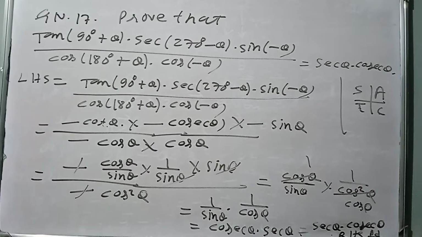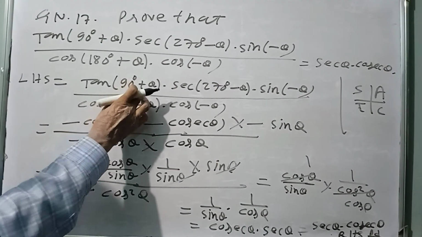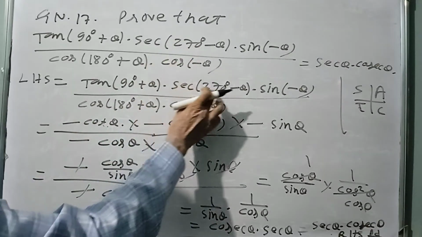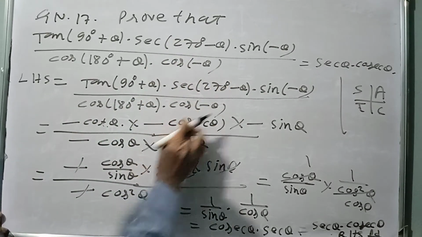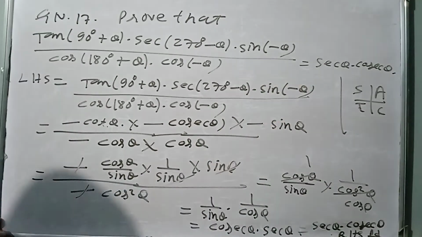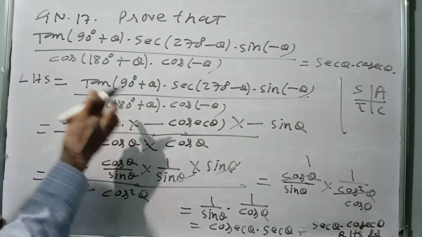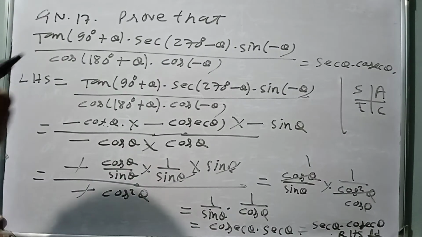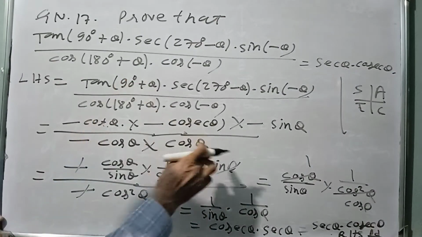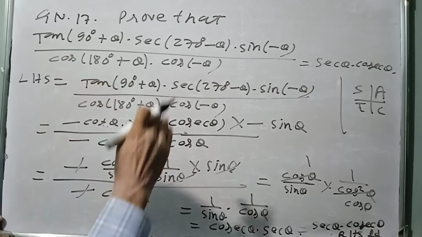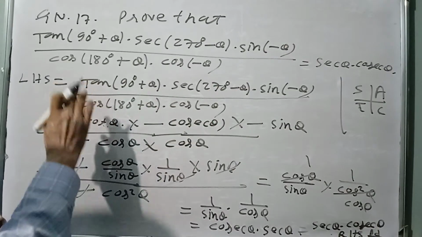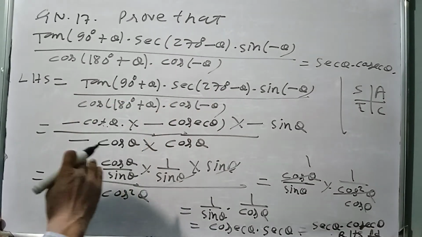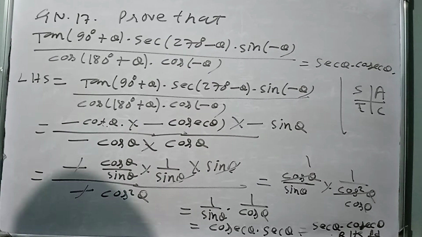Left hand side: tan(90 degree plus theta), 90 plus theta, second quadrant, minus cot theta. Sec(270 minus theta) is minus cosec theta. Sin(minus theta) is minus sin theta. Cos(180 plus theta): for 180 and 360 the function stays the same, even coefficient same. For odd coefficients like 1, 3, 5, 7, 9, tan becomes cot, sec becomes cosec, sin becomes cos.